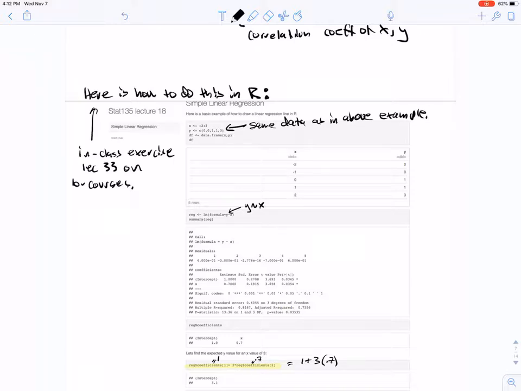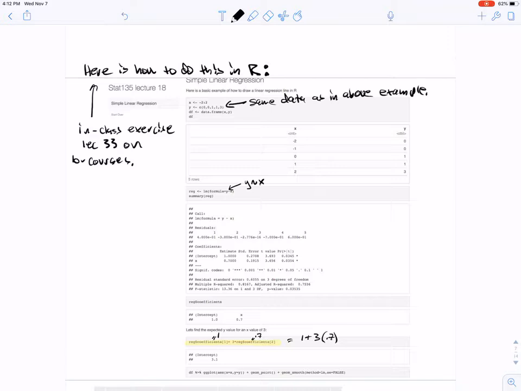So y is the response, so y tilde x is response predictor, and you get a list. Reg is a list. If you write summary, it'll give you different information.